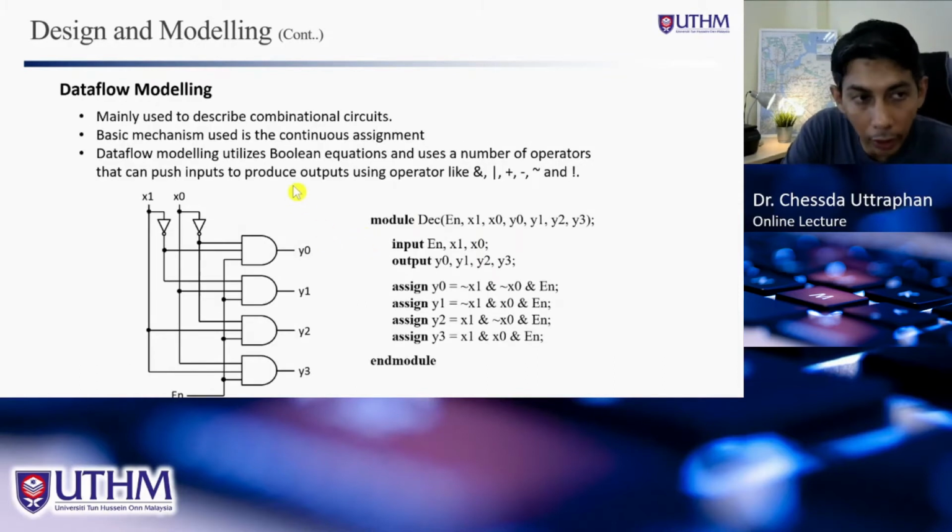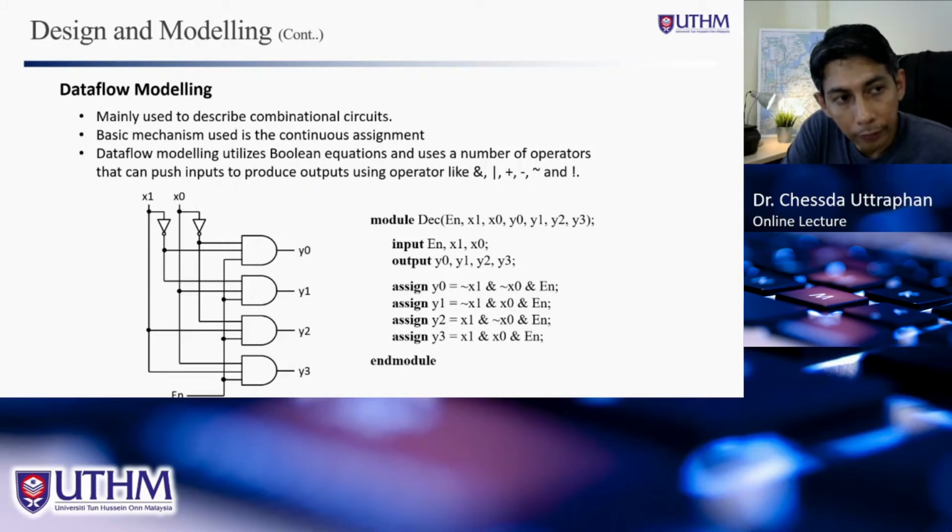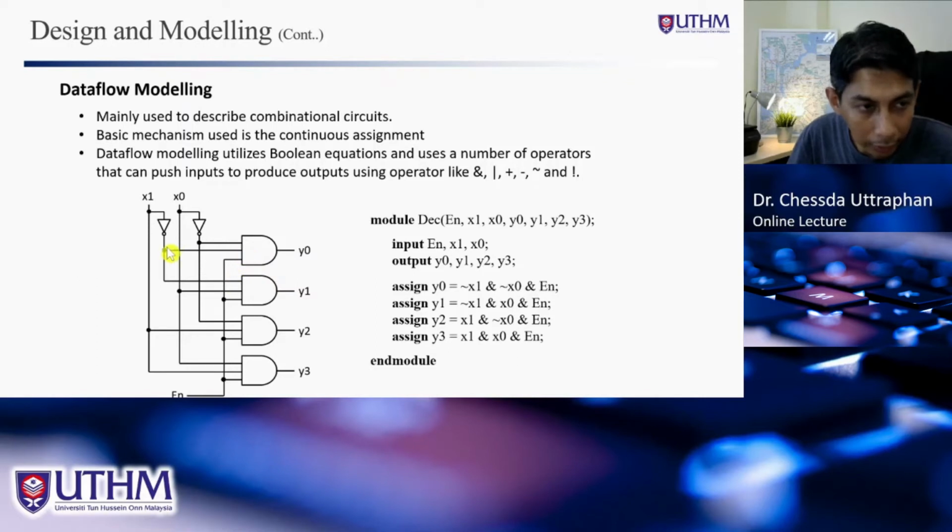So let's again look at the example for the first one, data flow modeling. You have been introduced to this already in the previous example when we used the assign keyword. That is actually data flow modeling. So for example, we have this schematic, and we can have the Boolean equation of y0, where y0 is equal to en and x1 bar and x0 bar.